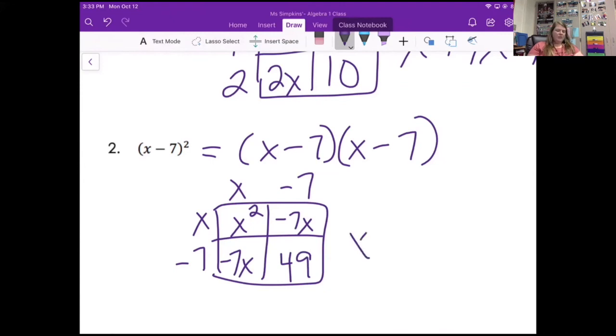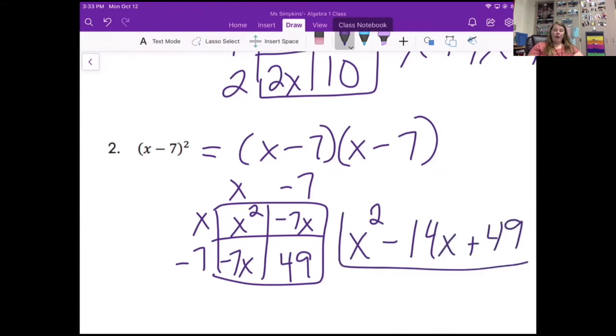So we have x squared if we're writing in standard form. I can combine. What's negative 7 and negative 7? Negative 14x plus 49.